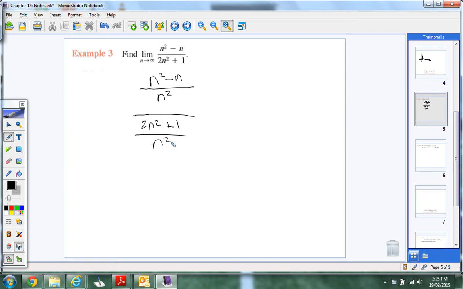So what's n squared over n squared? 1, right? And what's an n over an n squared reduced to? 1 over n. So that's my top. My bottom, n squared over n squared cancels, so I get a 2, and then I have 1 over n squared.